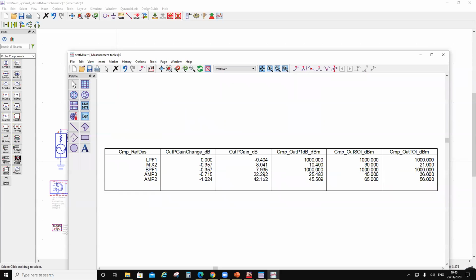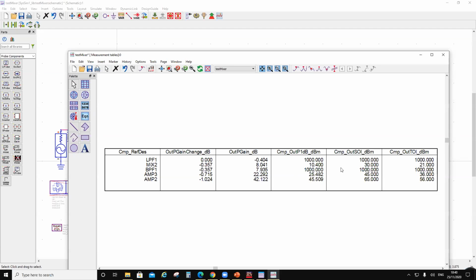So you see 22.2 or 22 point something. And then the PA is compressing by another 0.3. So this is a cumulative gain change here. So whenever you read the numbers on a component, you should see the difference going from one component to another.